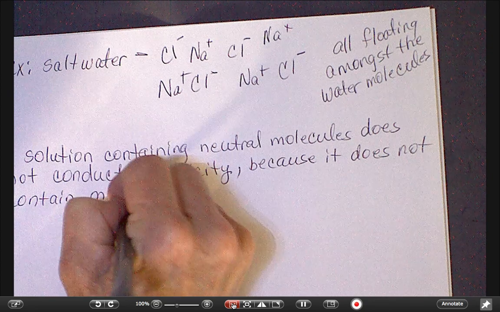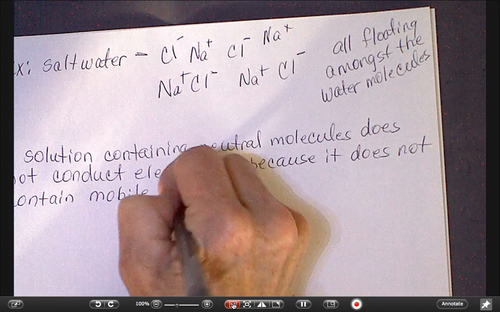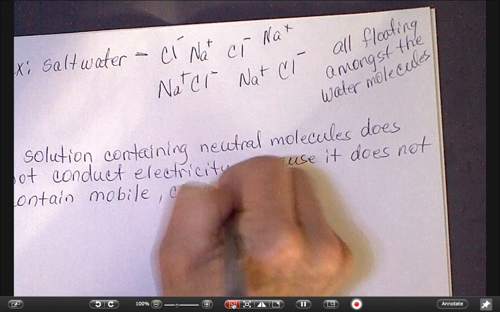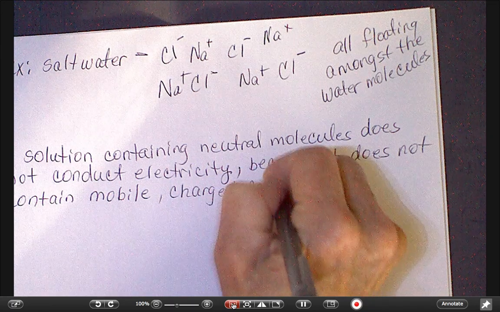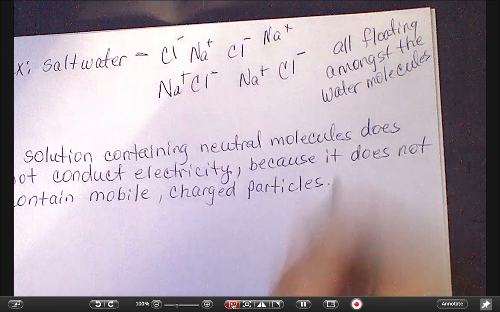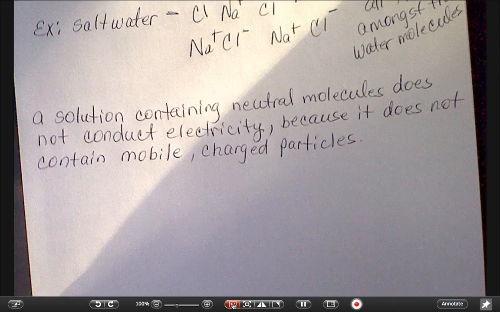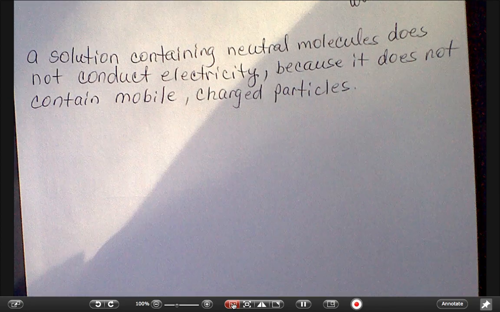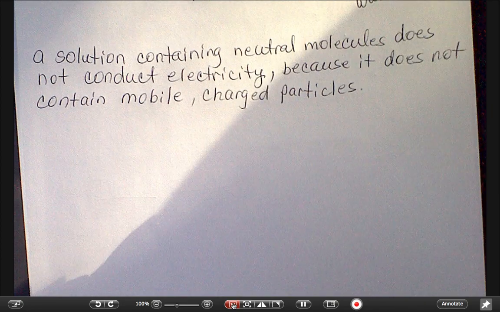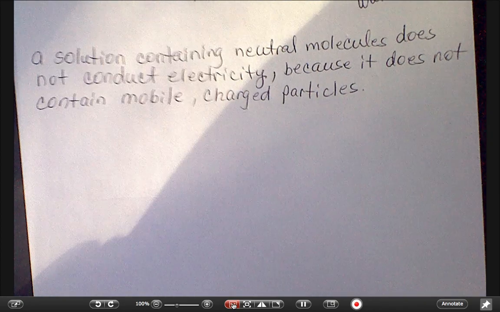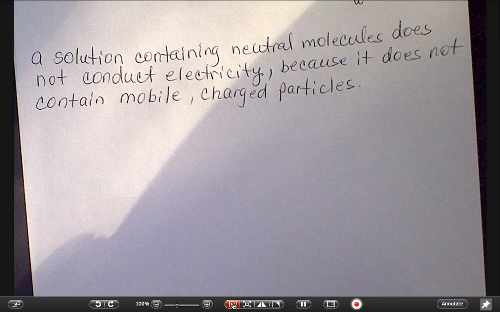Mobile, charged particles. So that makes the difference, yes? So if you have a substance that doesn't form ions, it is a non-conductor.